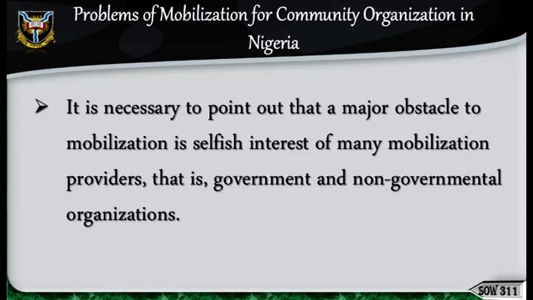For example, the Better Life for Rural Women, initiated by Mrs. Miriam Babangida, would have been a huge success if not that the elite women hijacked it. There were also interpersonal clashes among politicians and government officials because of fund.